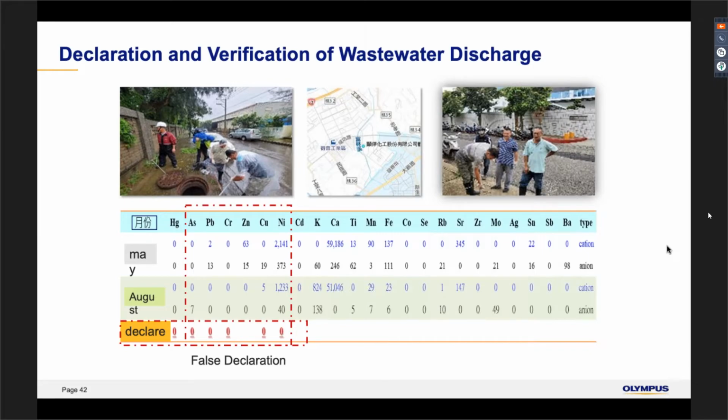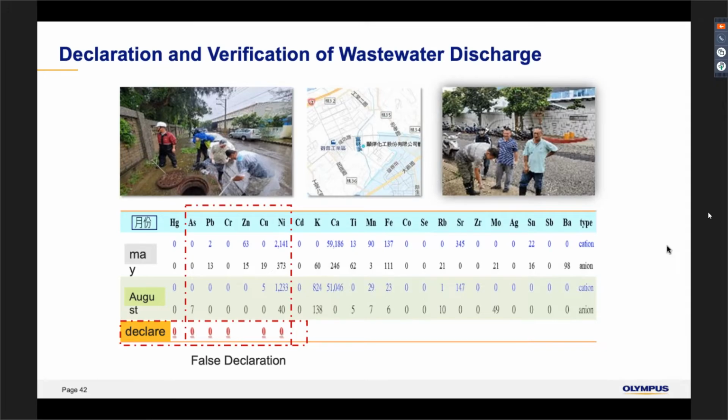Yes, for most cases, the richest ions in water are sodium, calcium and potassium.